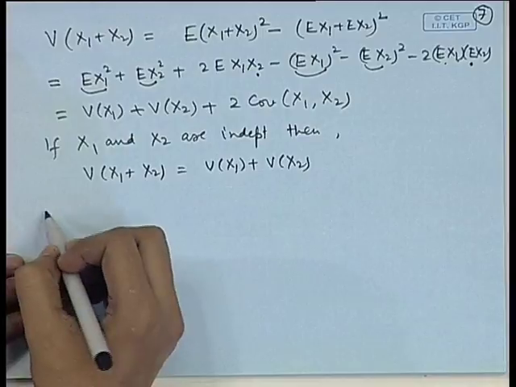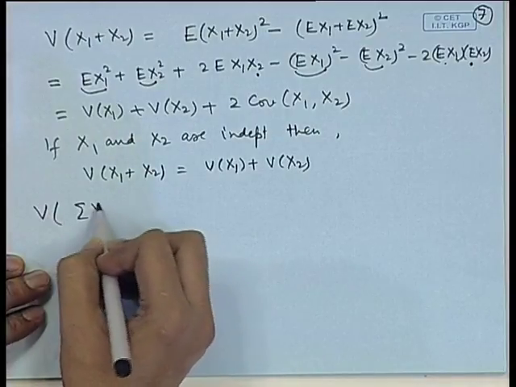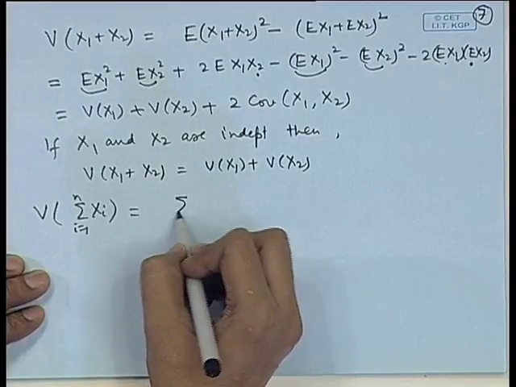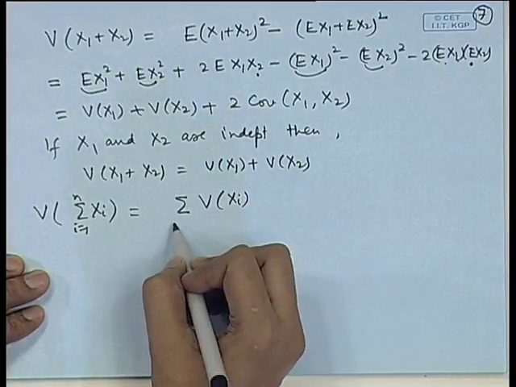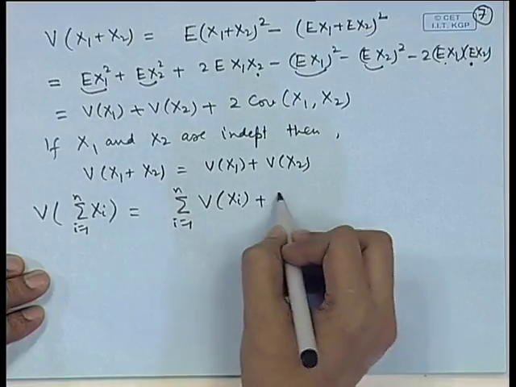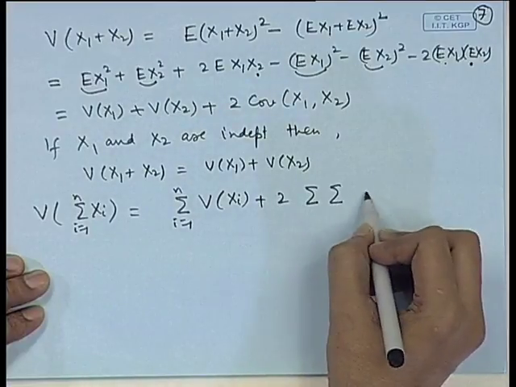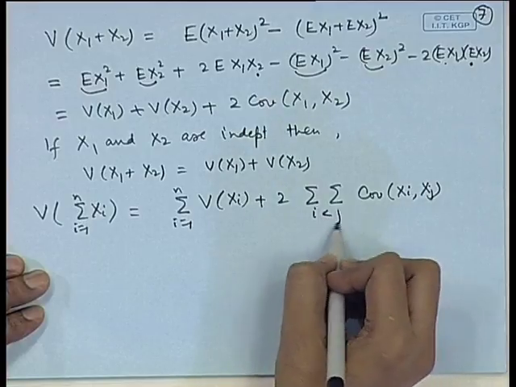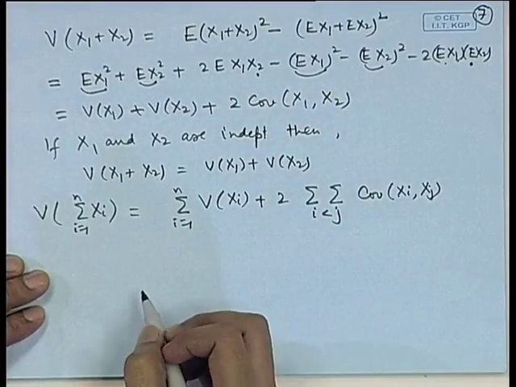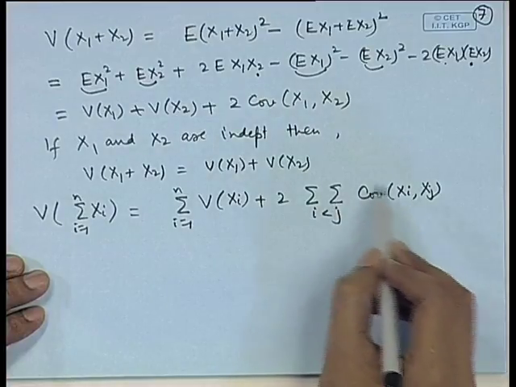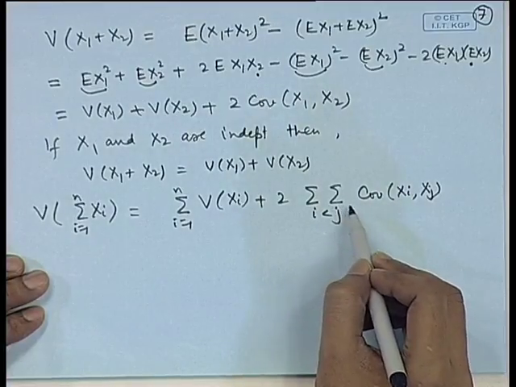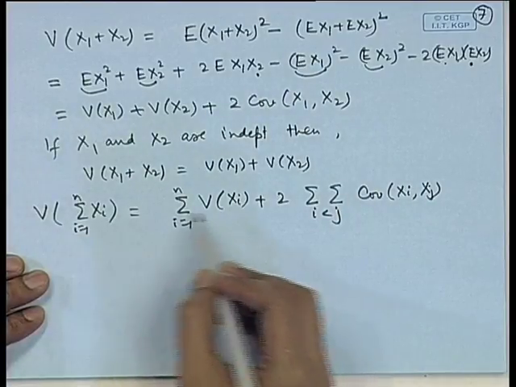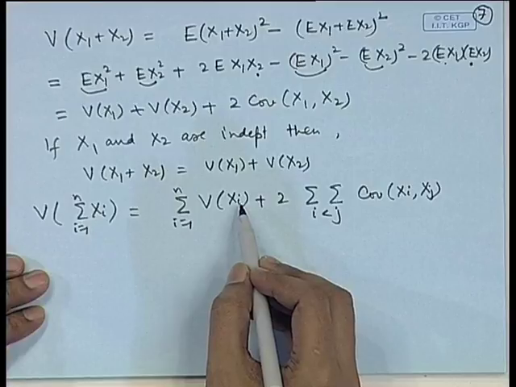So, we can generalize this result: the variance of a summation is equal to the sum of the variances plus twice the double summation of covariances of x i x j, where i is less than j. Obviously, if the random variables x 1, x 2, x n are independent, then these covariances will vanish and we will have the variance of the sum equal to the sum of the variances.